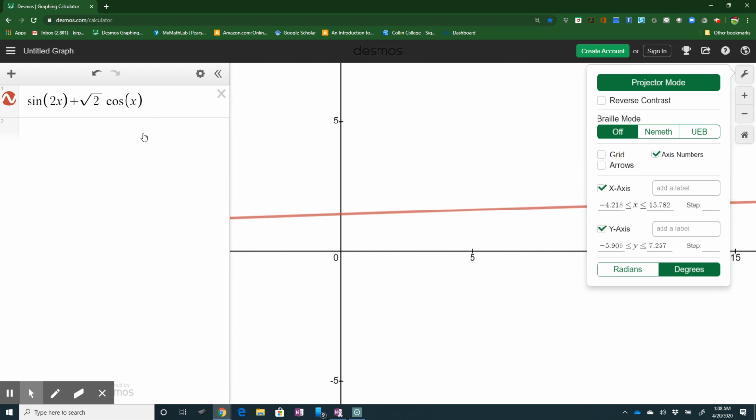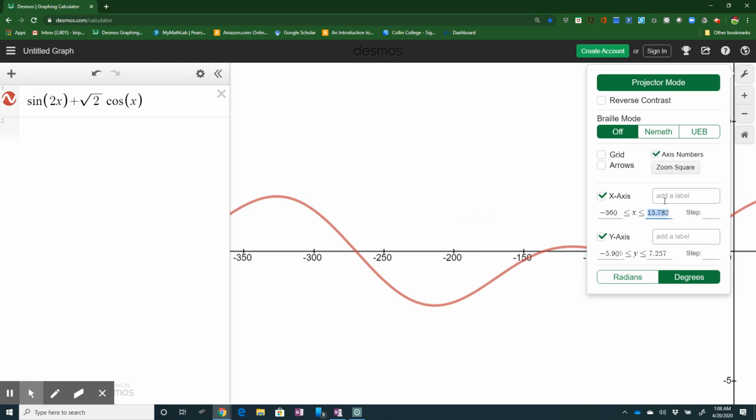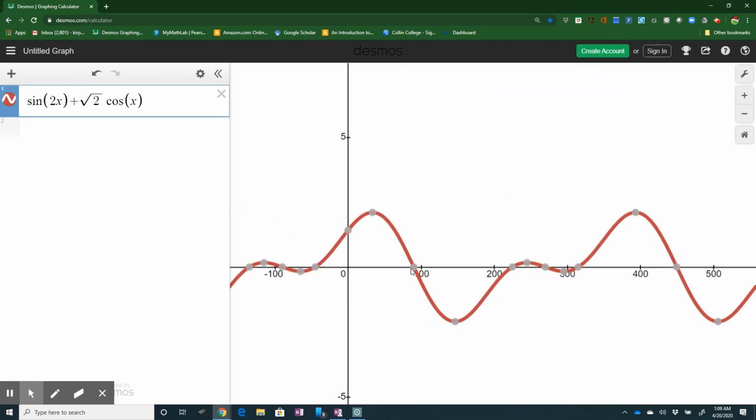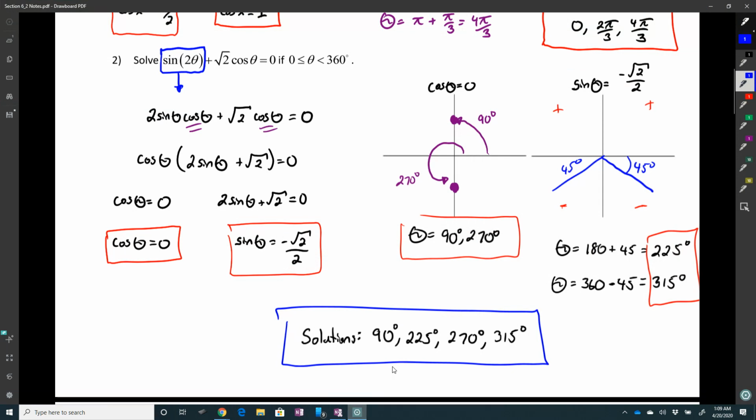And we want to see where this equals 0. So equals 0 means where it is across the x-axis. So negative 360, 360. And so if you look at it, boom, there's one answer. Boom, there's the other. Boom, boom. So 90 degrees, 225, 270, 315. Yay, math.